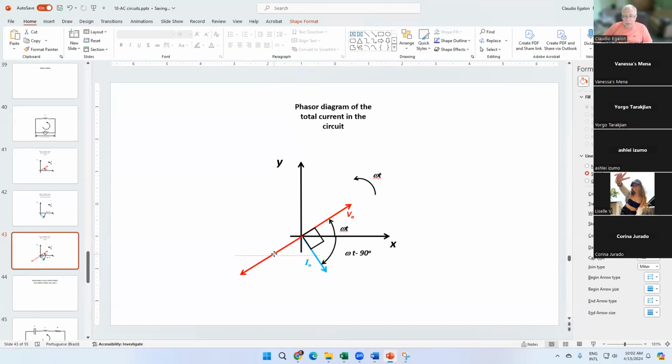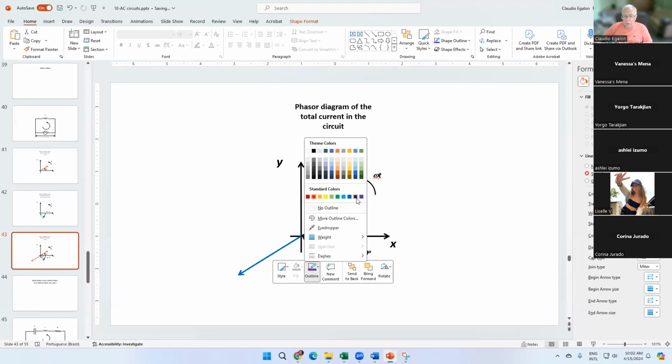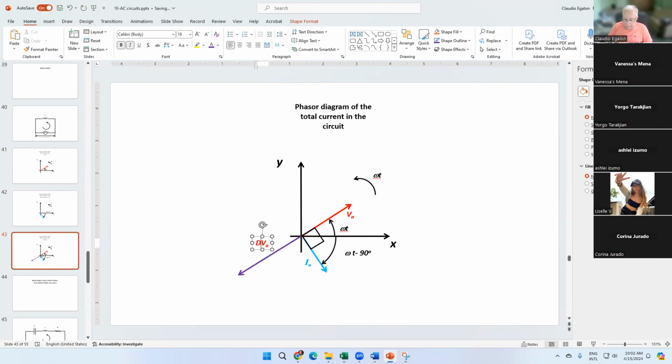Okay, I will change color. Okay, and label it delta I over delta T.